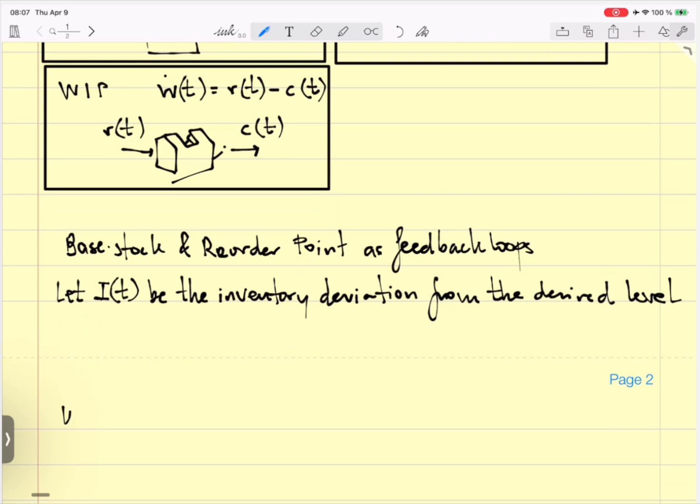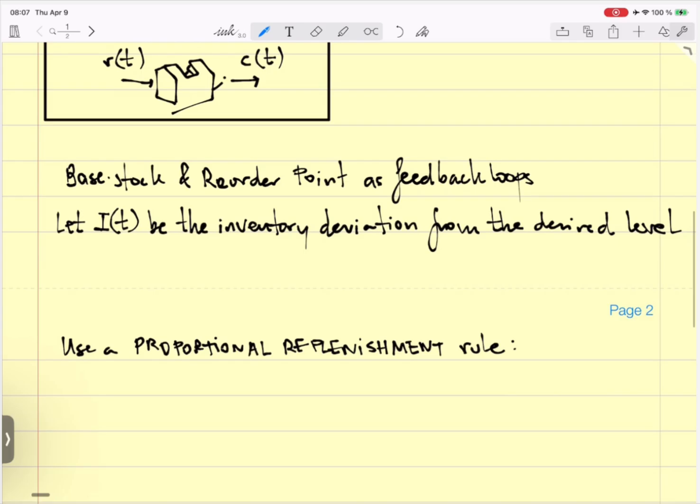We use a proportional replenishment rule and this is going to be Q of t.